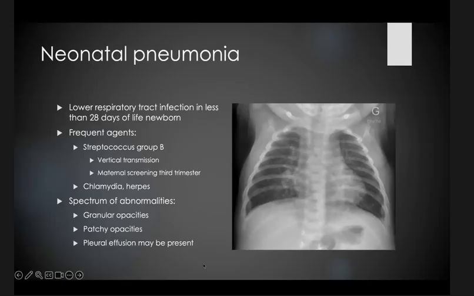You can also have chlamydia, herpes, or usually those kinds of things that can give the baby a pneumonia. It's a spectrum of abnormalities, so you can have granular opacities, patchy opacities, and you can also have pleural effusion. Here you have a baby with those patchy opacities on the bases and on the middle lobe.